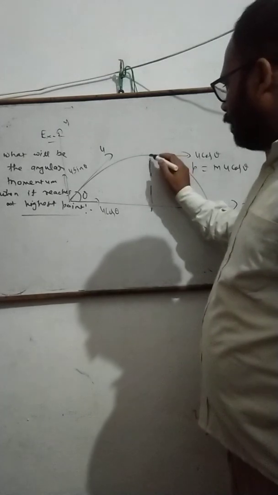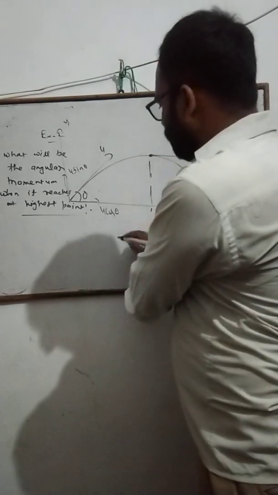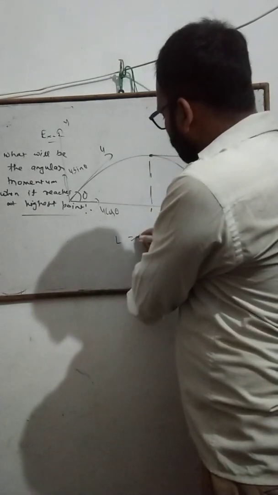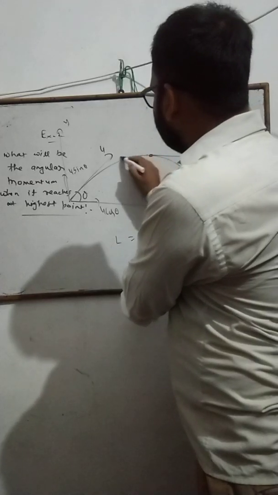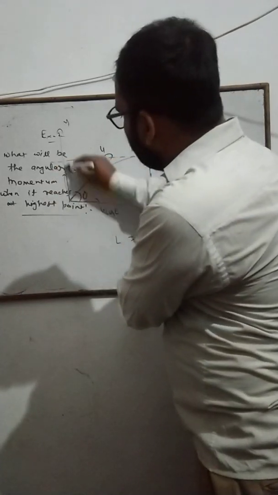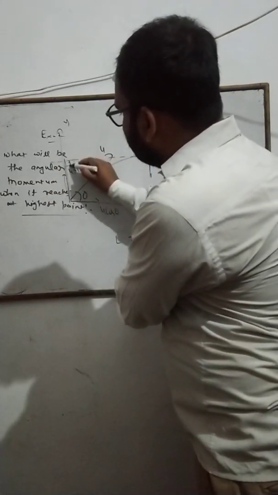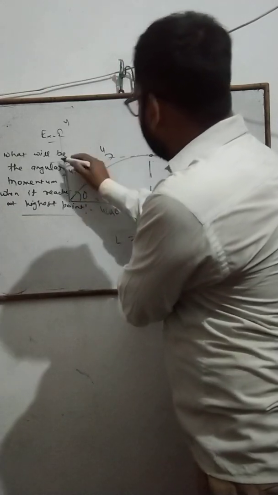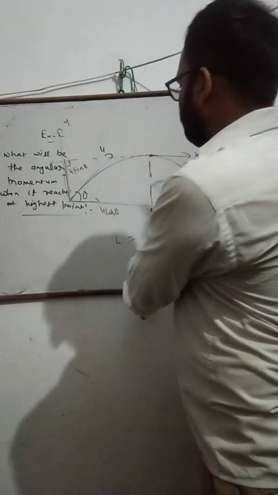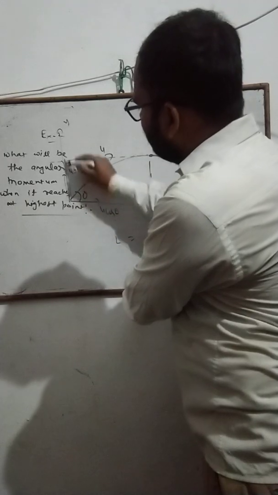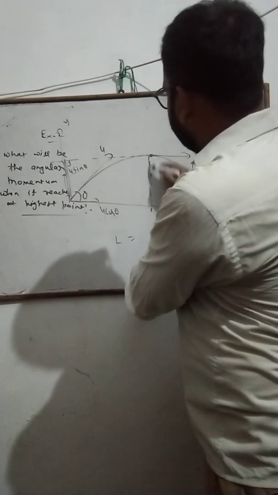Now the perpendicular component. So here how will you calculate L? Extend this in the back side and draw a perpendicular. This length will be multiplied by the linear momentum. What will be this length? This will be the maximum height.